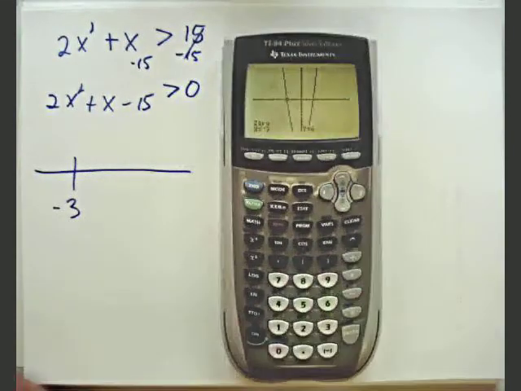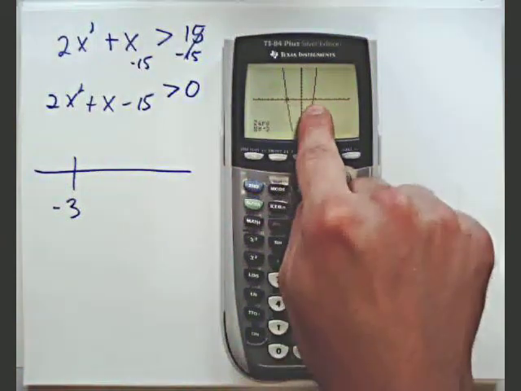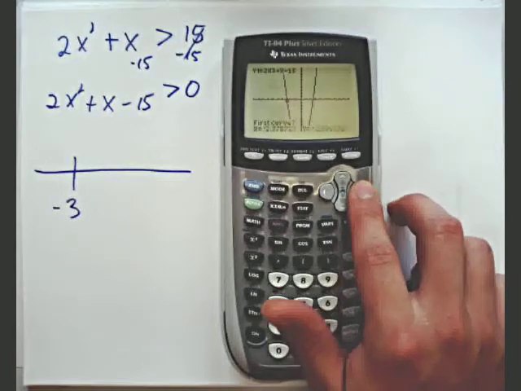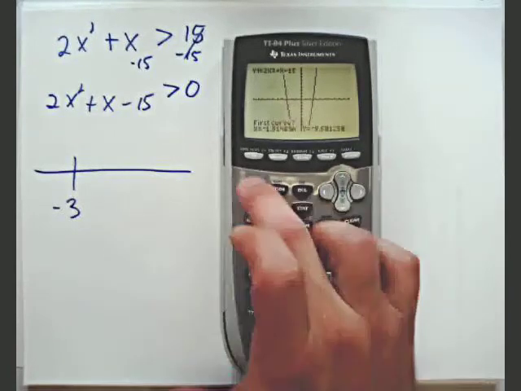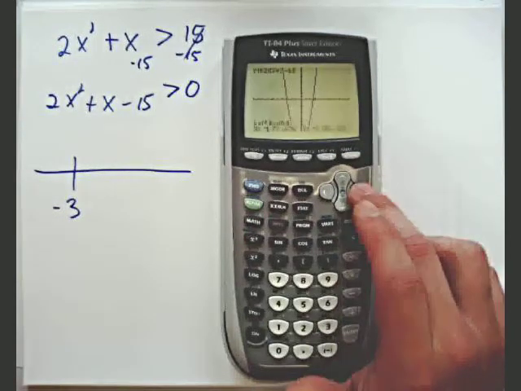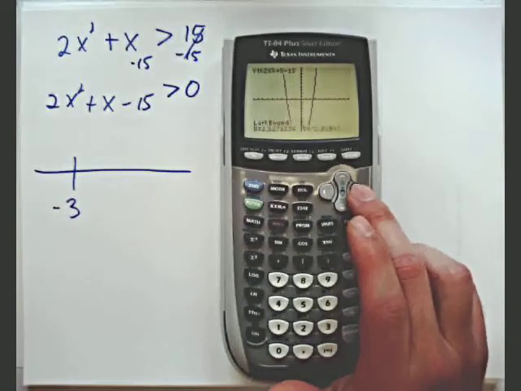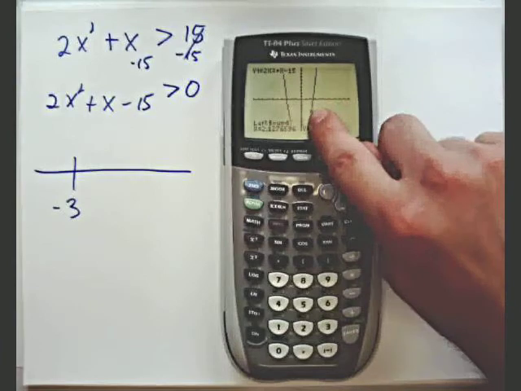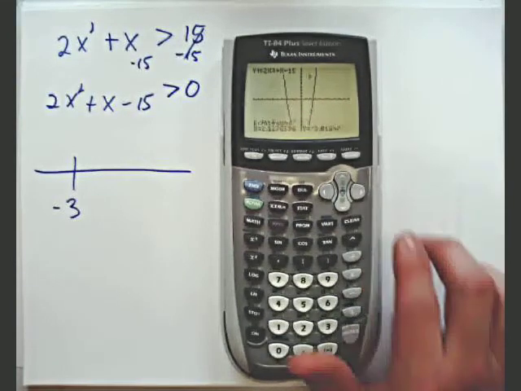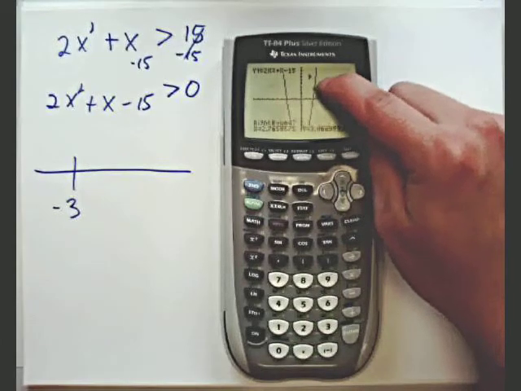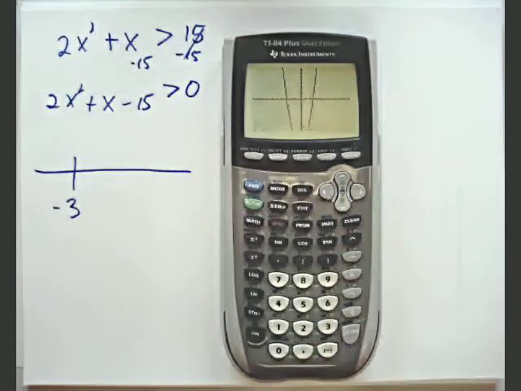Okay, our next x-intercept, right here, second, calculate, sorry, not intersect, 0 is what I meant. Left bound, I'm scrolling to the right, and it's down here. And the right bound is over here. And we get 2.5, which as a fraction is 5/2.